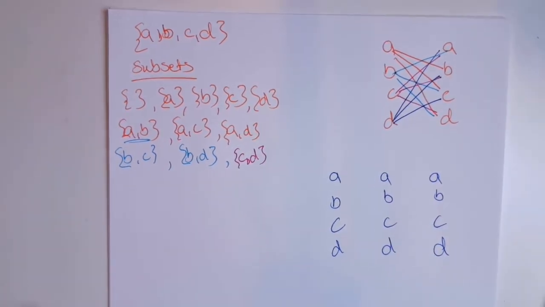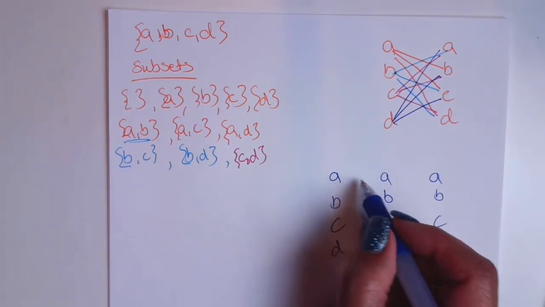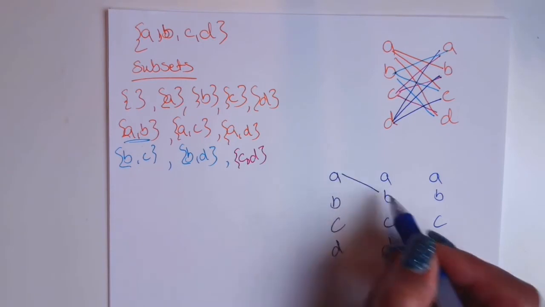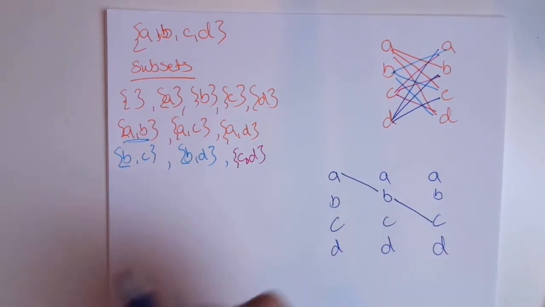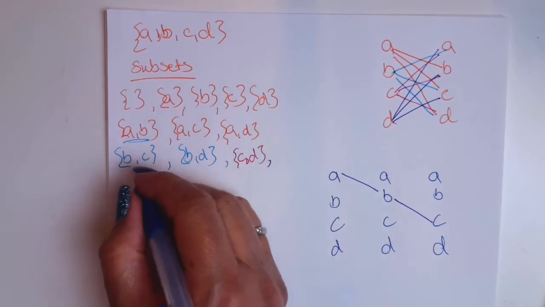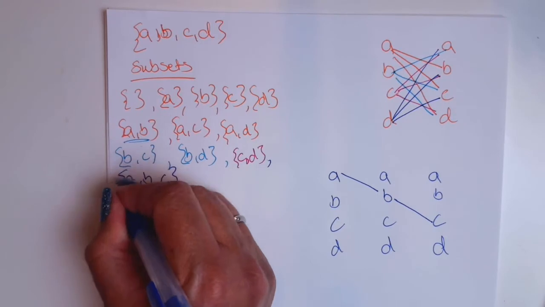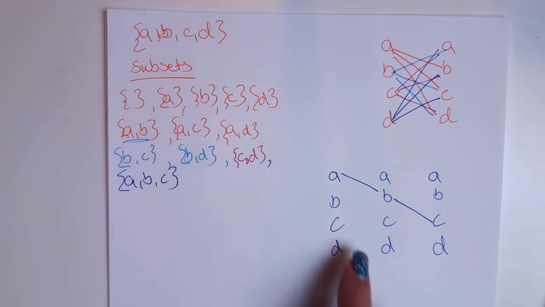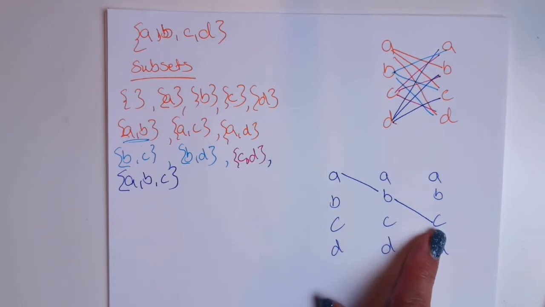So we're going to start with A, B, and C. And notice, again, one thing I think I haven't mentioned, we are not listing a double, or we're not listing the same, where each element is different in these cases.